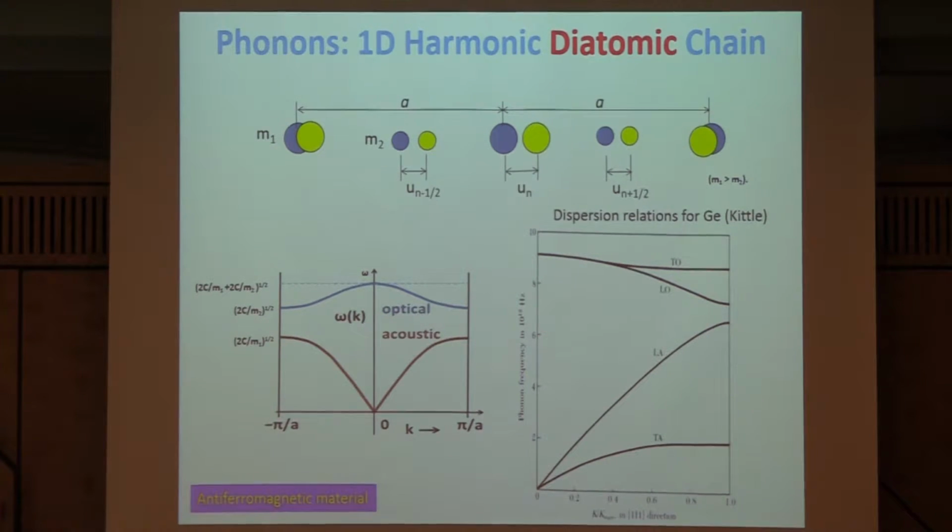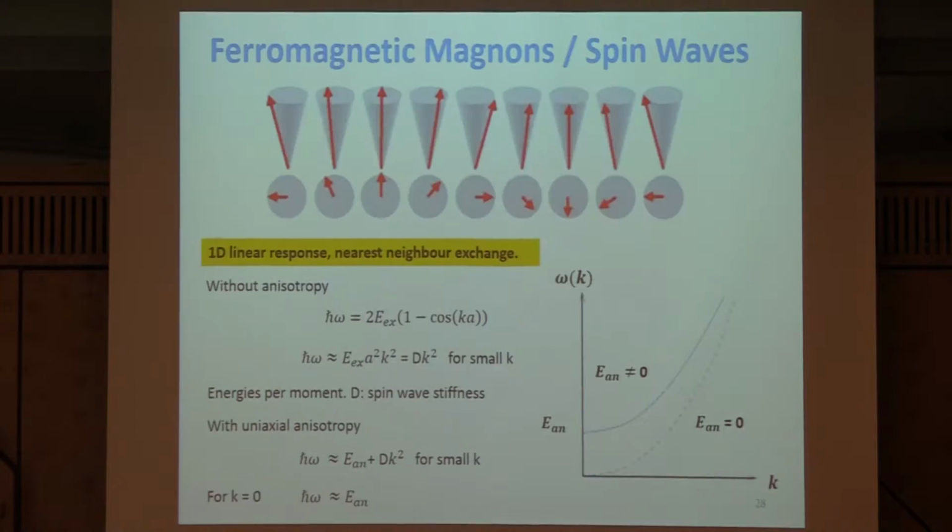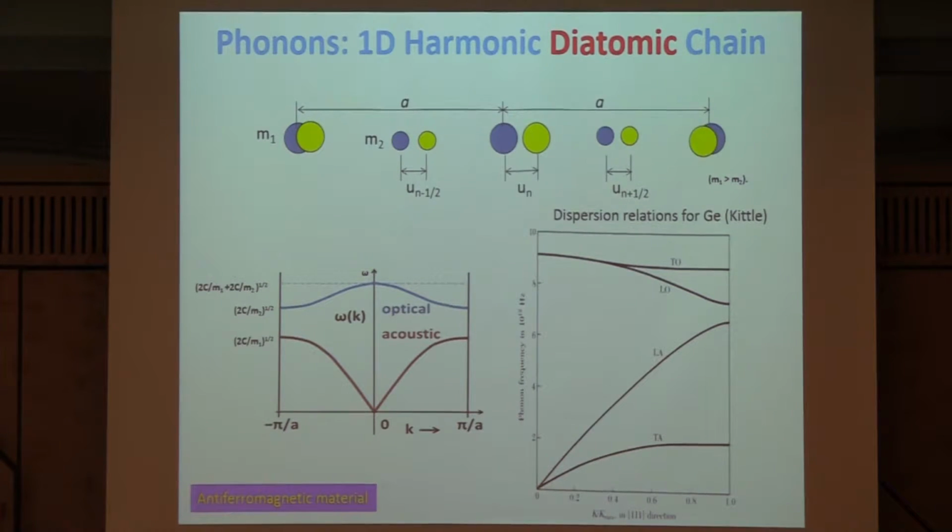So you get acoustic-like modes where pretty much the atoms are moving in phase, and then you get these optical modes where they're moving out of phase. In a real substance, for example germanium, you can have acoustic modes and optical modes, but you've also got the additional degree of freedom of transverse and longitudinal.